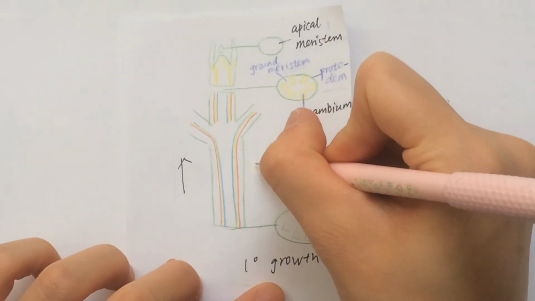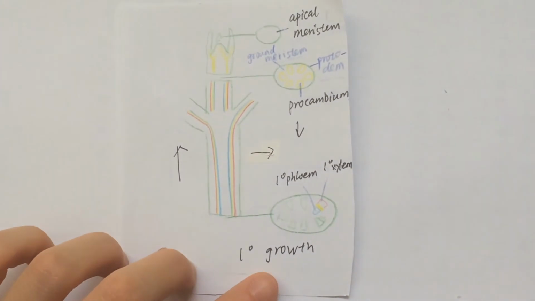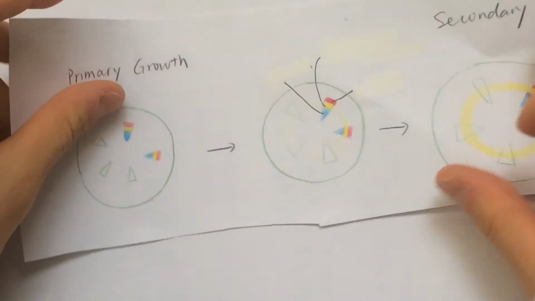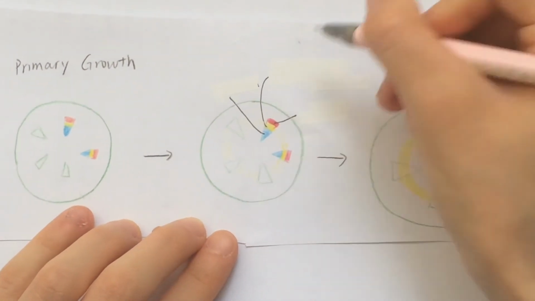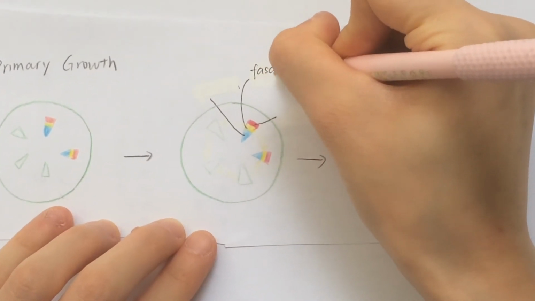Plants also have secondary growth. In order to grow in girth, the residual procambium will differentiate into the vascular cambium.